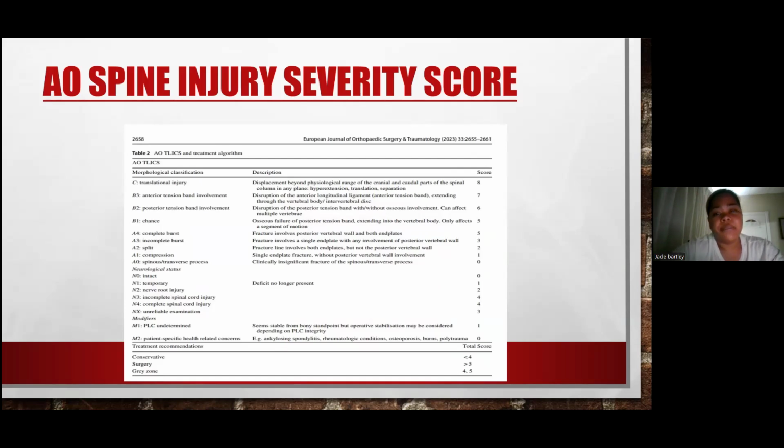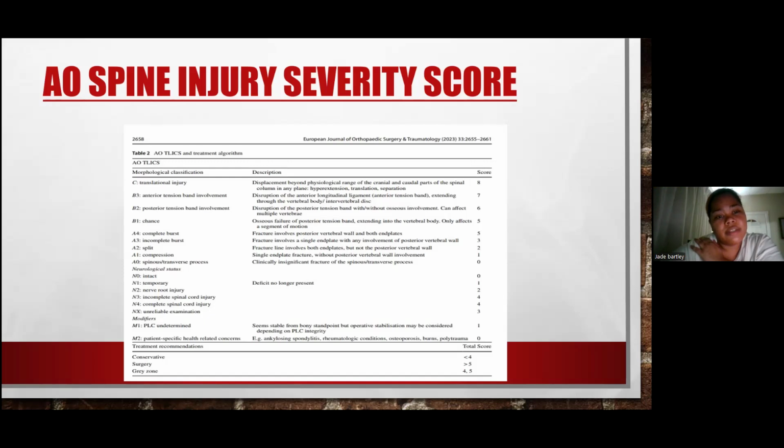So type C, which is the most severe, you get the highest score of 8, which would warrant surgical intervention. So a score that's greater than 5 warrants surgical intervention. If it's less than 4, then that's conservative. So type C off the bat is surgical intervention, provided the patient does not have a contraindication.